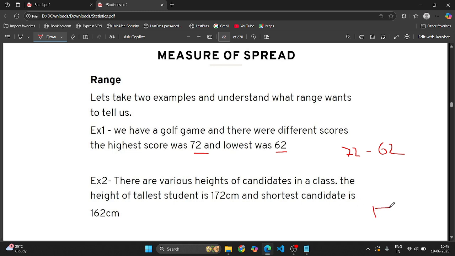So we can say height lies from 162 to 172.